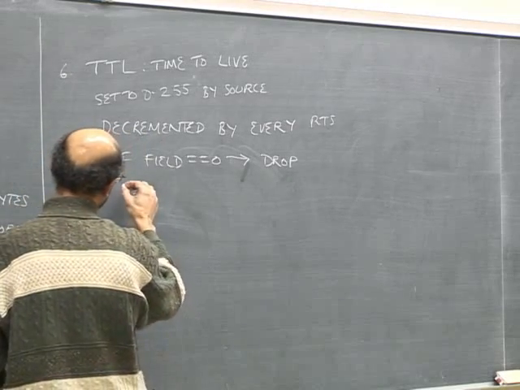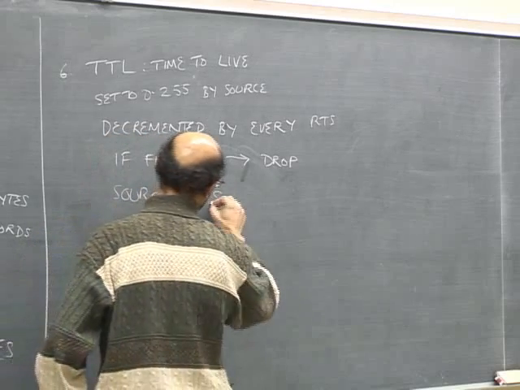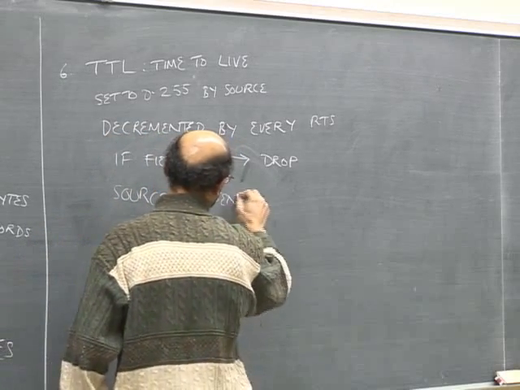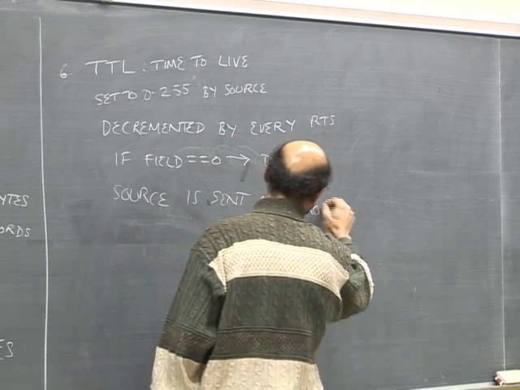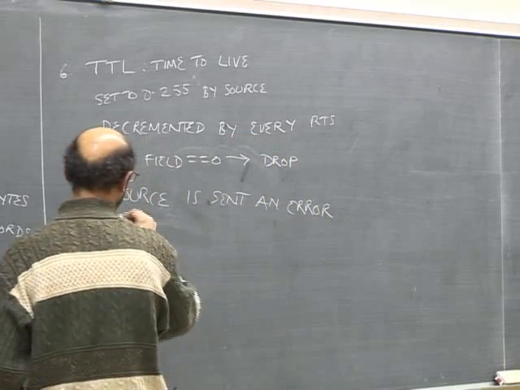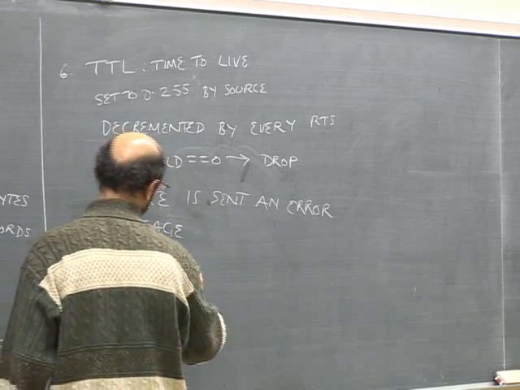What happens is that the source is sent an error message. The error message is called an ICMP message. It's a special protocol.